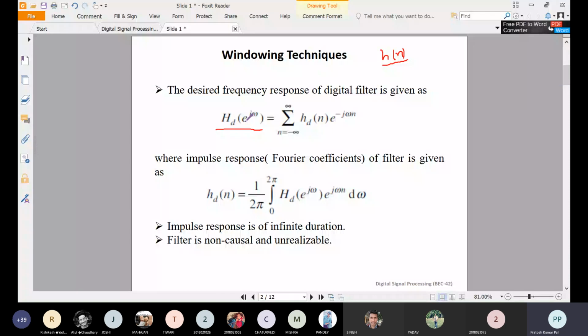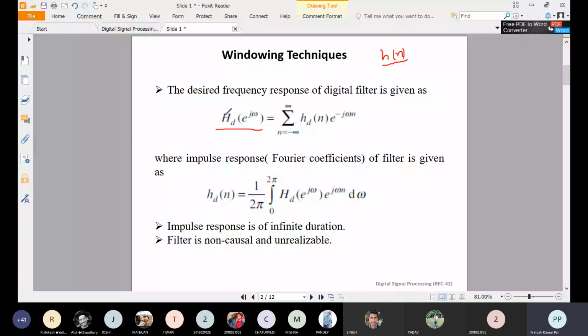This Fourier series ranges from minus infinity to plus infinity, of Hd of n, the impulse response of that filter, times e to the power minus j omega n. This is how we have seen it in the previous classes: in all the questions we were getting the frequency response.